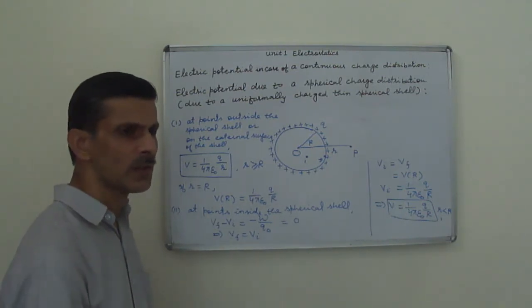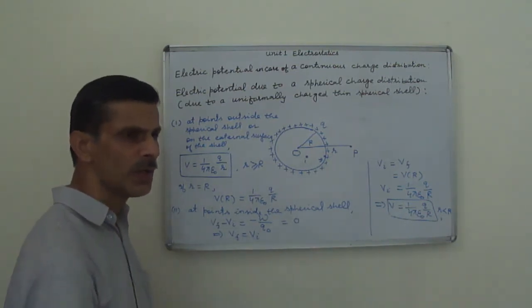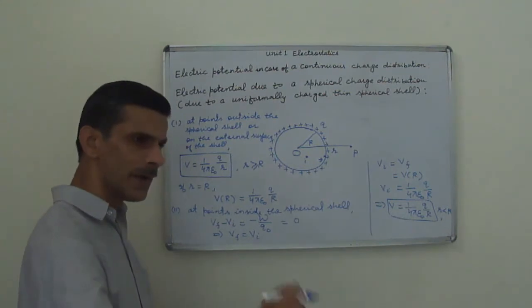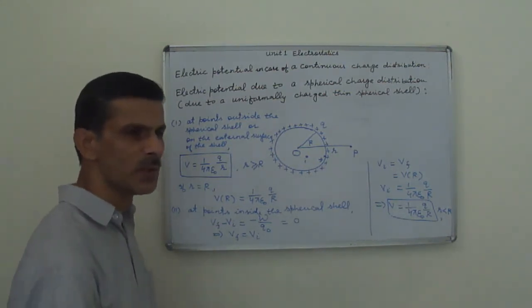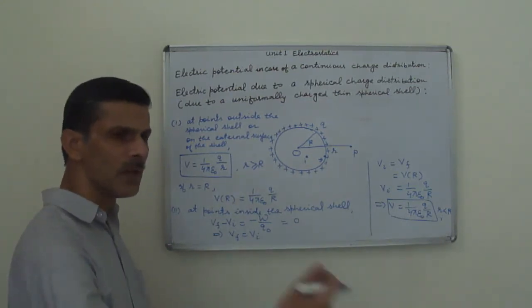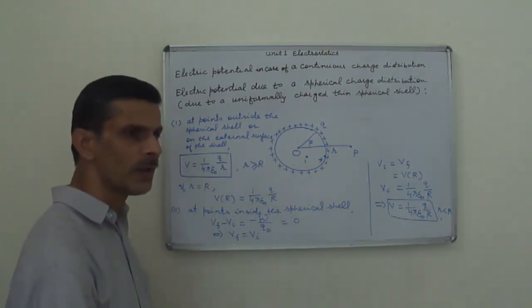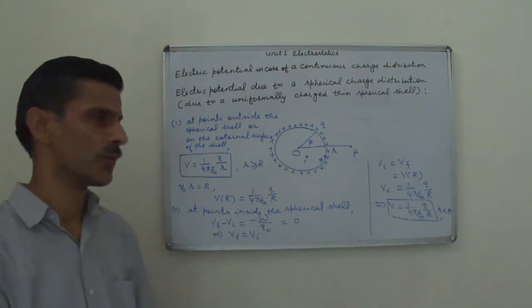Only there is discontinuity of electric field. Electric field on external surface is non-zero. Electric field on internal surface is 0.